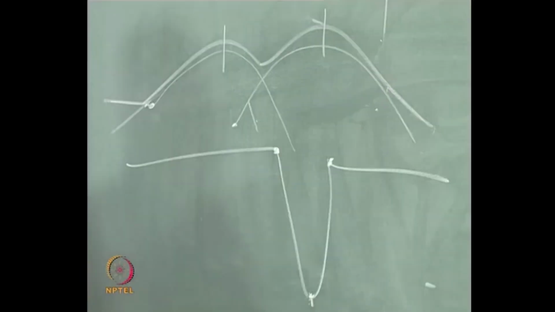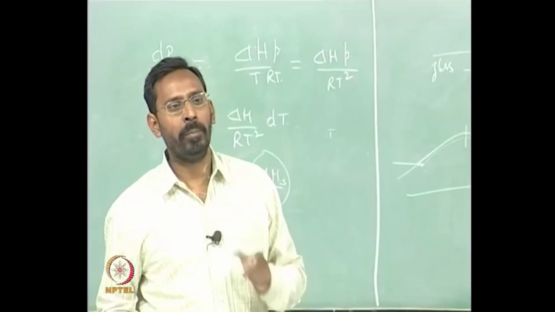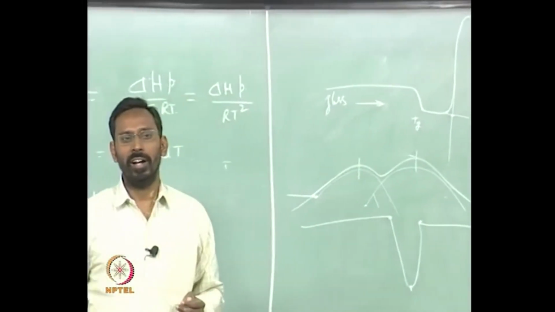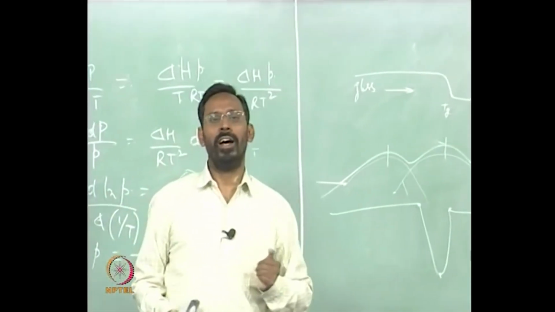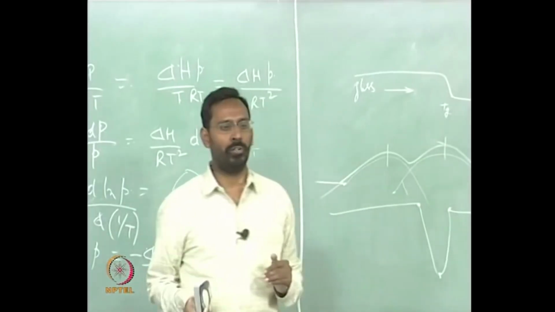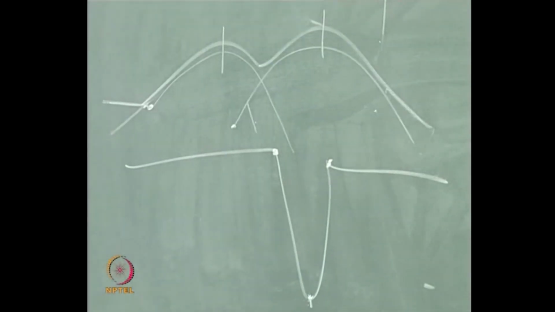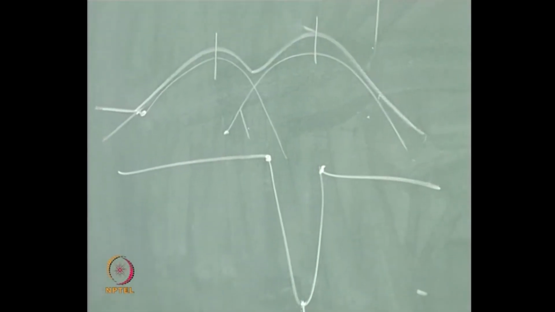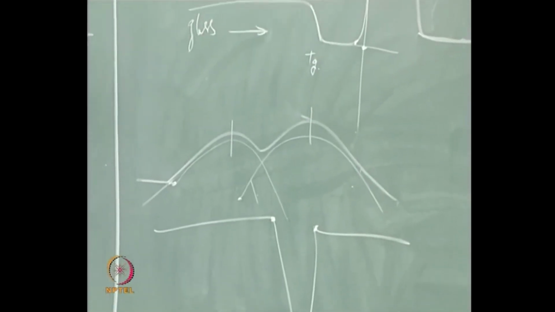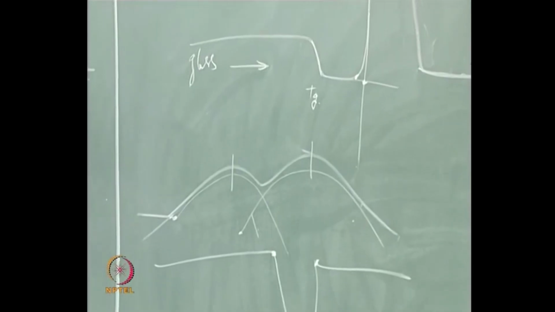Otherwise, for all practical and theoretical purposes, onset should be taken as the transformation temperature. In case of melting, the onset and the offset, the second one, are going to be very close unless you really do very fast heating. When you do fast heating, then there will be differences between onset and offset.